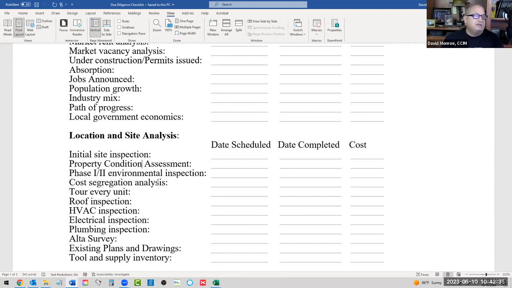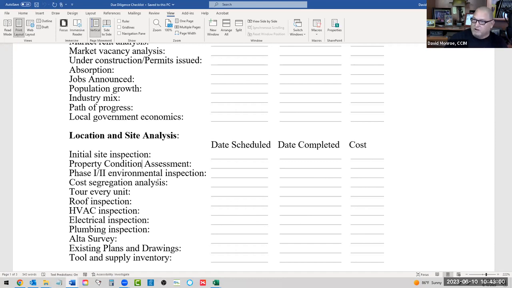Now, is there a time we don't want to do a cost seg analysis? The answer is yes, but why? Of course, you won't have any syndicators that know this because they were never taught this.